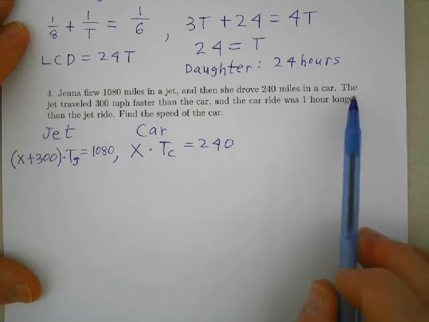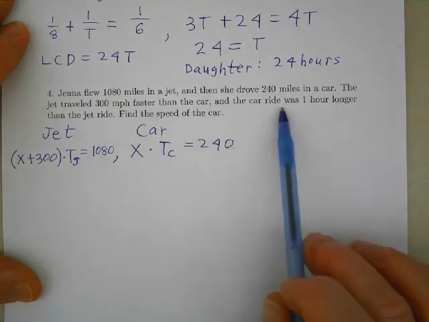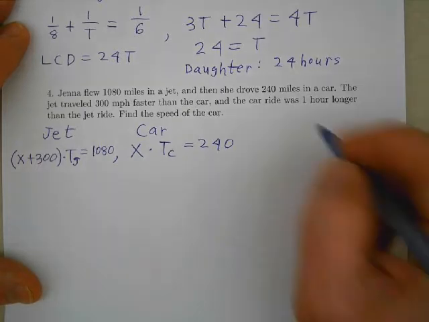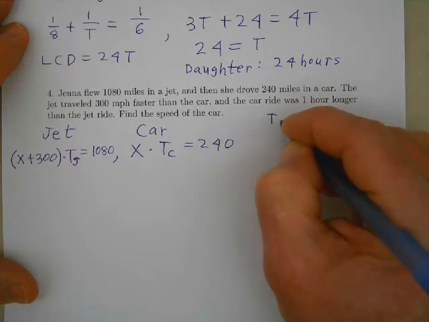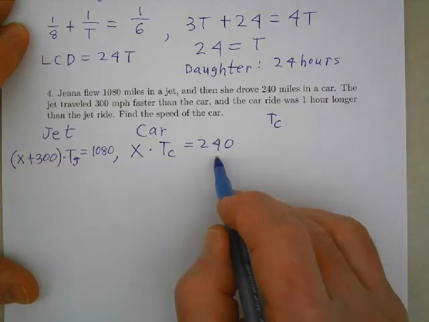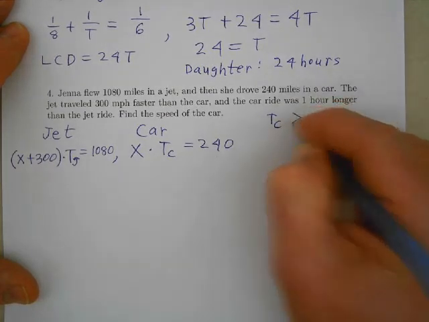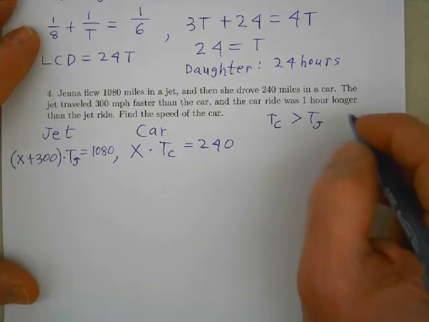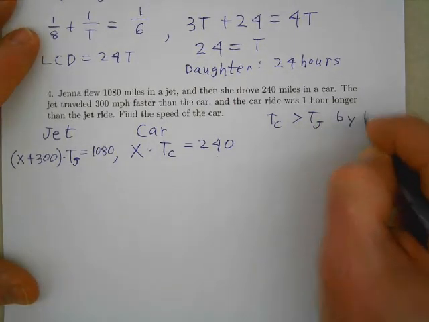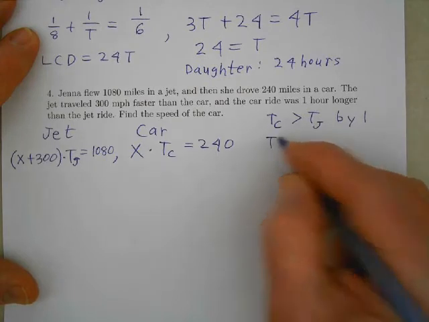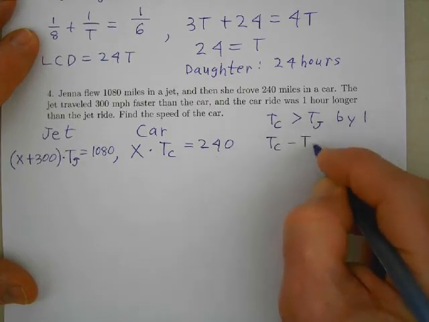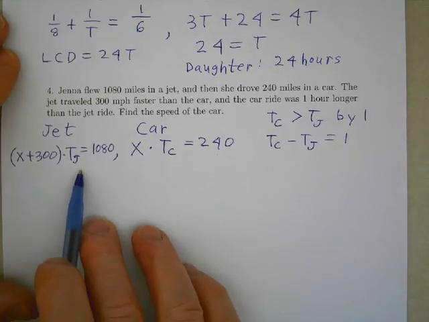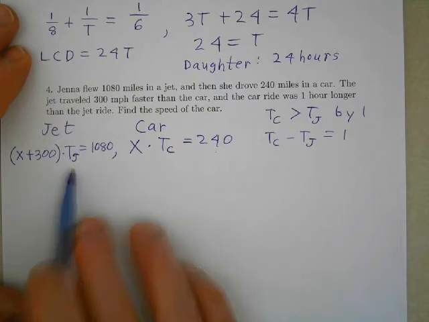In the second part of the second sentence, we're told that the car ride was 1 hour longer. That means the amount of time it took her to drive 240 miles is greater than the amount of time it took her to fly 1,080 miles, by 1. We can convert this to an equation: subtract the smaller number from the larger number, and the difference is 1. So we want to solve for time.